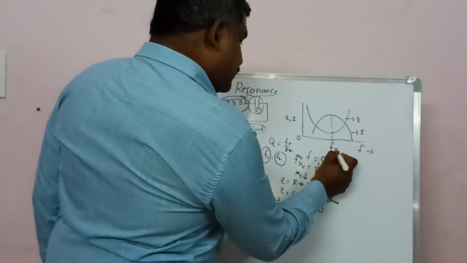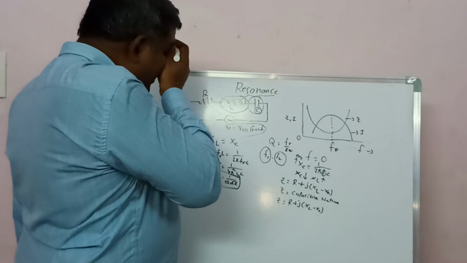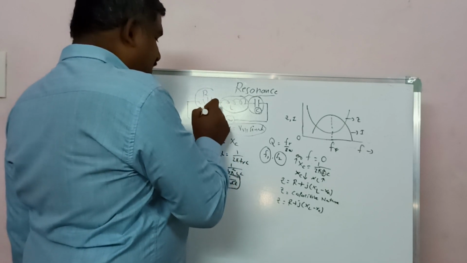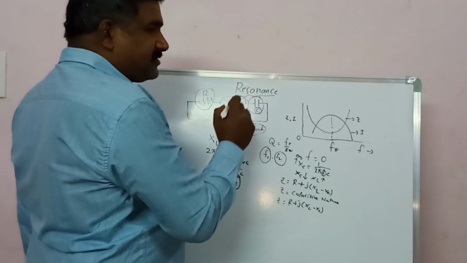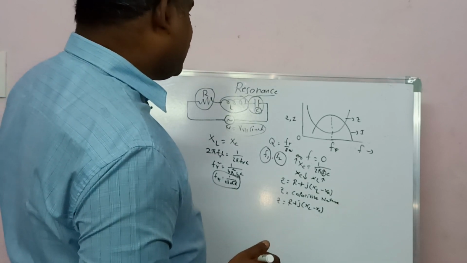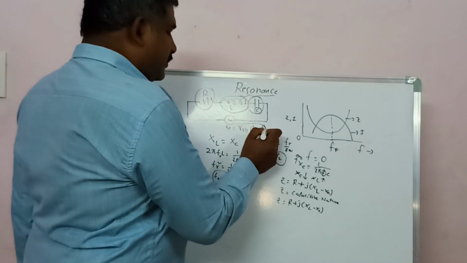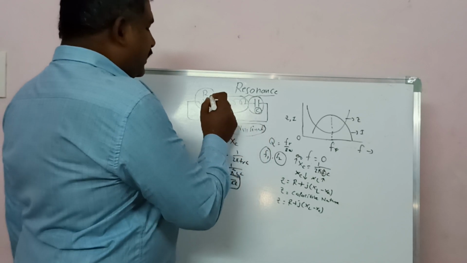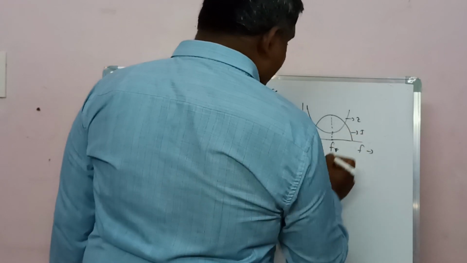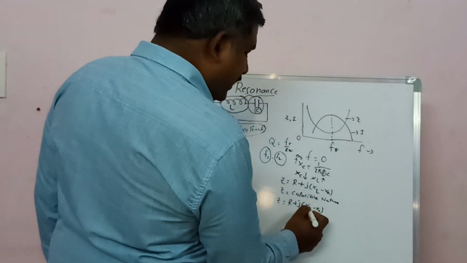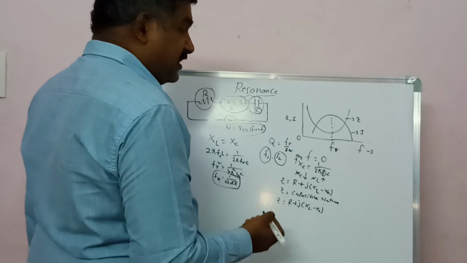So at f is equal to FR, the voltage that is available to the combination of RLC is provided only across the resistance, and the voltage across the inductance as well as the voltage across the capacitance will be equal in magnitude but exactly placed 180 degrees apart, so they cancel their effects, and the total voltage across the RLC combination will be given only across the value of R. And if the frequency is beyond my resonant frequency, the inductive reactance value starts increasing, and at the same time the capacitive reactance value starts reducing.